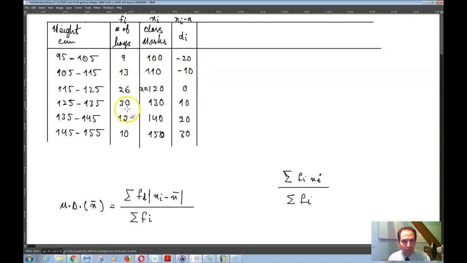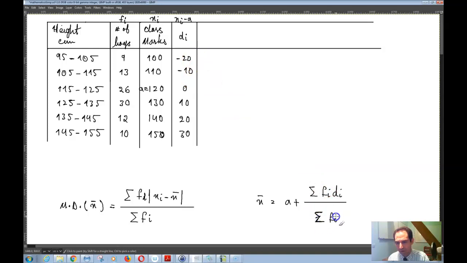And now we can calculate. There is no problem now. So I'm going to use the assumed mean method, which is x bar is equal to a plus sigma f of i d of i over sigma f of i.